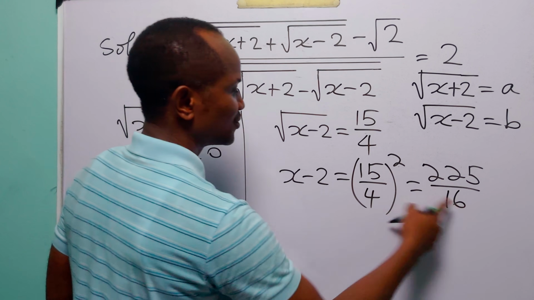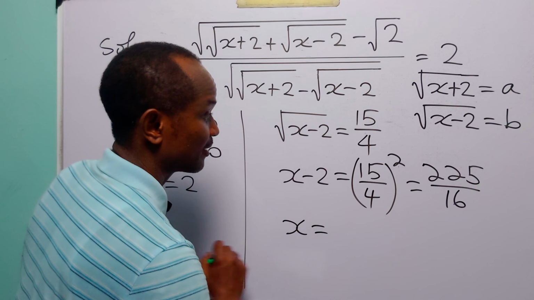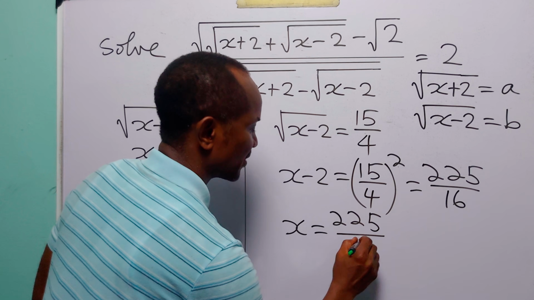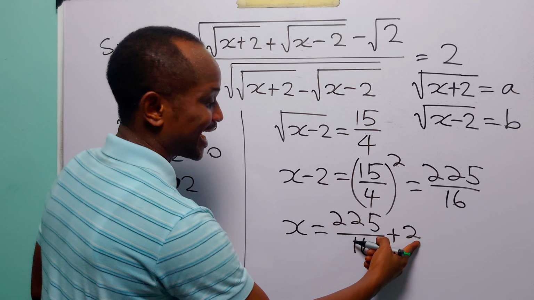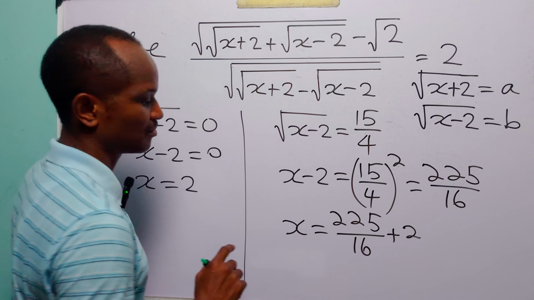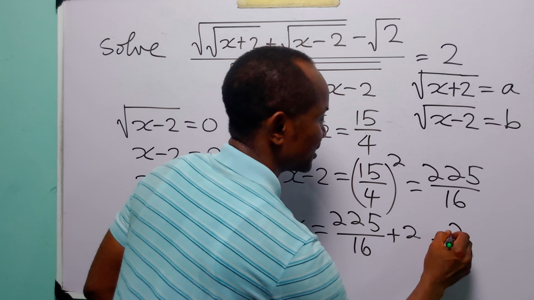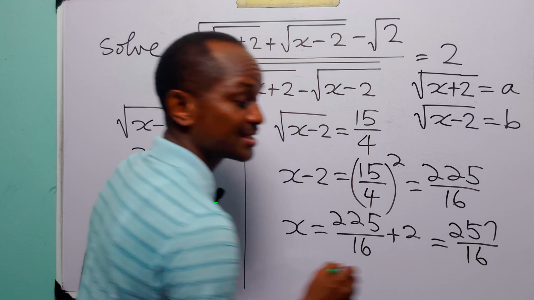Once more, adding 2 to both sides of this equation, we have that x is equal to 225 over 16 plus 2. 16 times 2 is 32. 32 plus 225 is 257. Of course, we have 16.